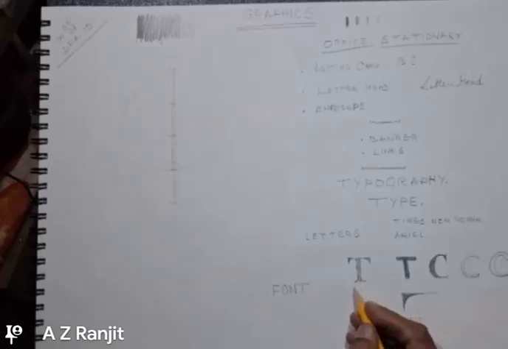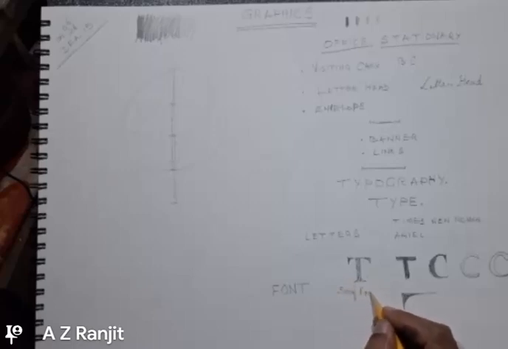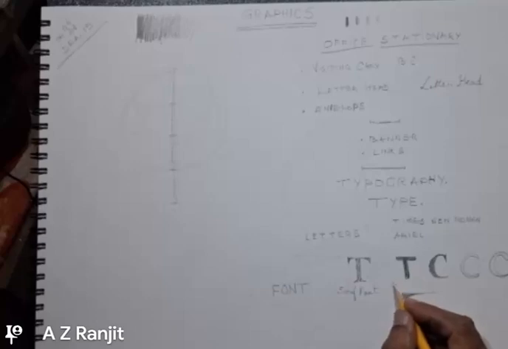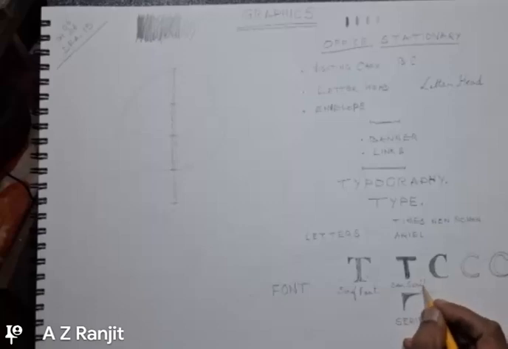This has a serif. So we call this a serif font. And this doesn't have a serif, isn't it? This doesn't have a serif. So we call this sans serif. So these two names you will have to remember very clearly.